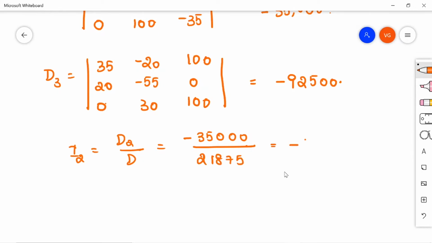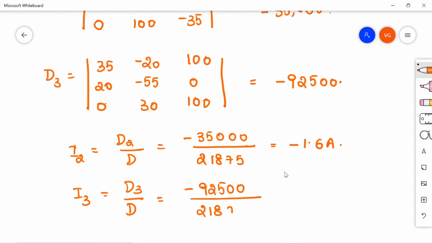This you will get approximately 1.6 amperes. Anyhow, I have minus, so the same minus I am writing. D3 by D, I3, that is minus 92500 divided by 21875. This you will get approximately minus 4.2285 ampere.